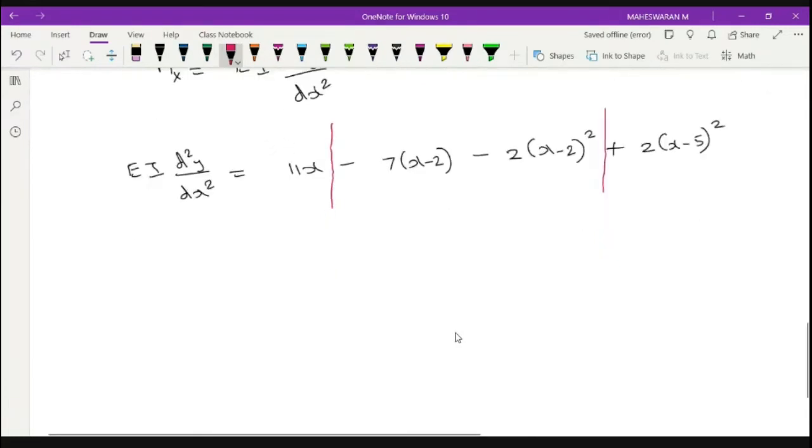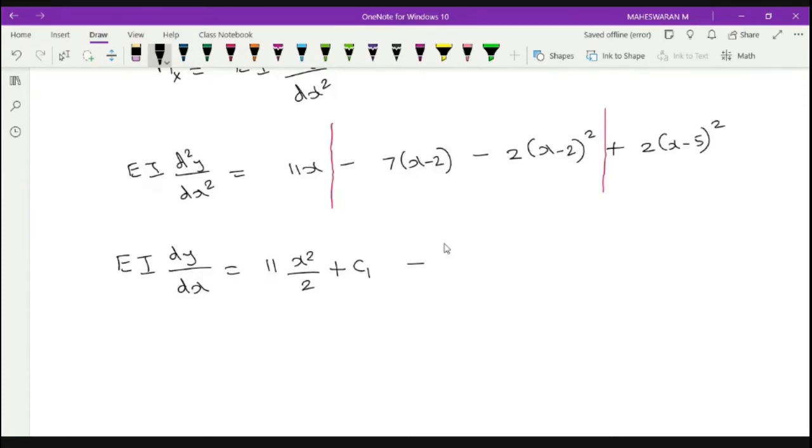Now let us integrate this so that we can identify the values of slope and deflection. Integrating once, we get EI dy by dx is equal to 11 x square by 2 plus C1, one constant, minus 7. As I told you before, this (x minus 2) is a whole term, and you have to integrate it as a whole. You can also consider it as capital X, integrate, and substitute later.